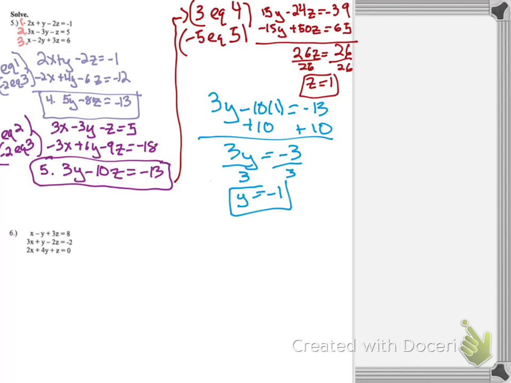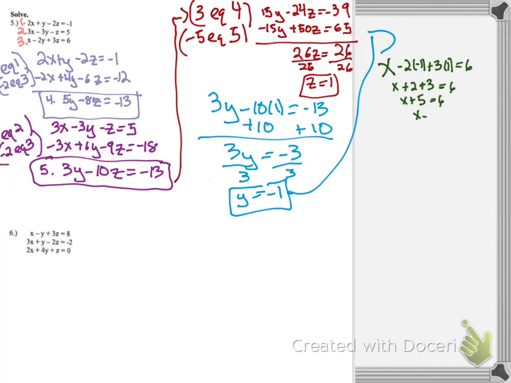Now that we have a z and a y value, we're going to continue on over and substitute into our last part. And so I chose equation 3 to do this with. In equation 3, we have x minus 2 times negative 1 plus 3 times 1 equals 6. x plus 2 plus 3 equals 6. x plus 5 equals 6. x equals 1.